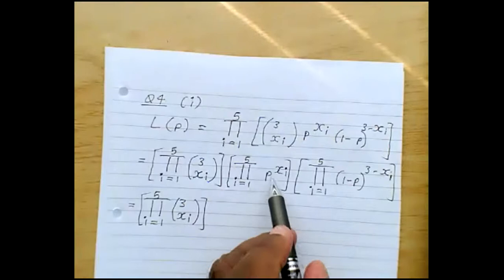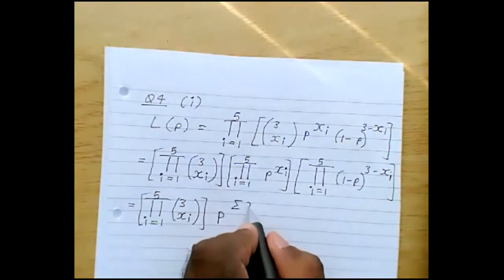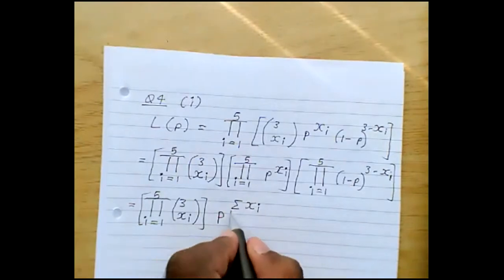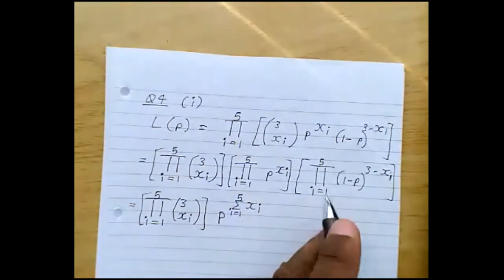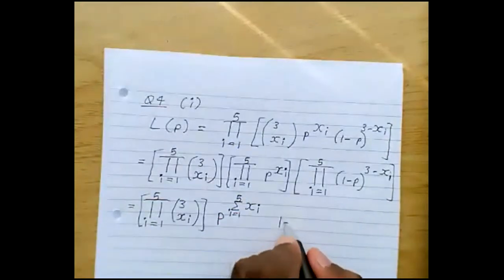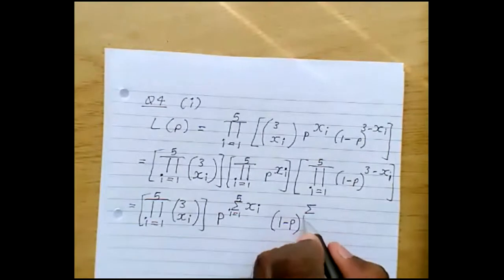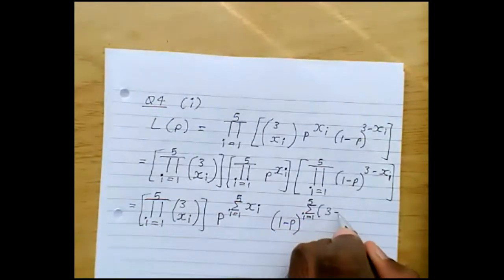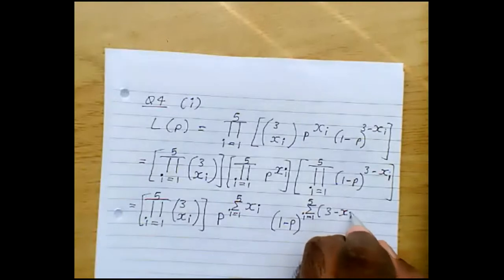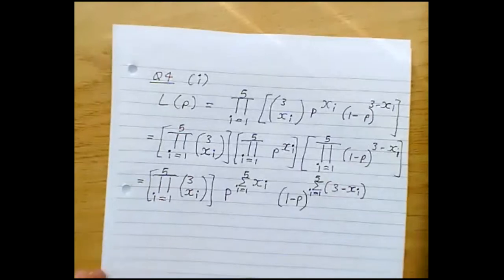Now the product of this term is going to be p to the power of the sum of xi, i from 1 to 5. And the product of this term is going to be 1 minus p to the power of the sum of 3 minus xi.